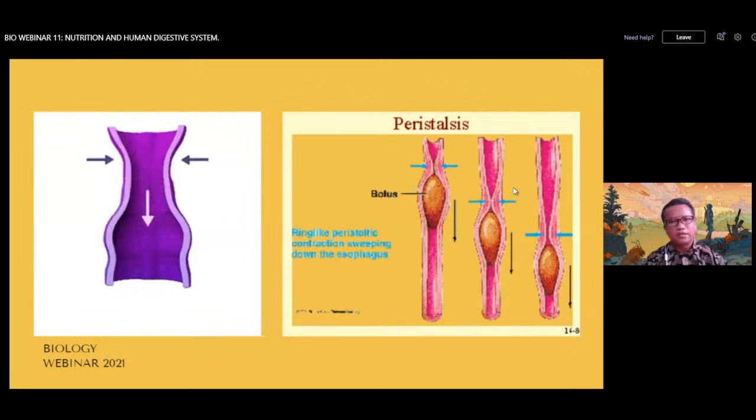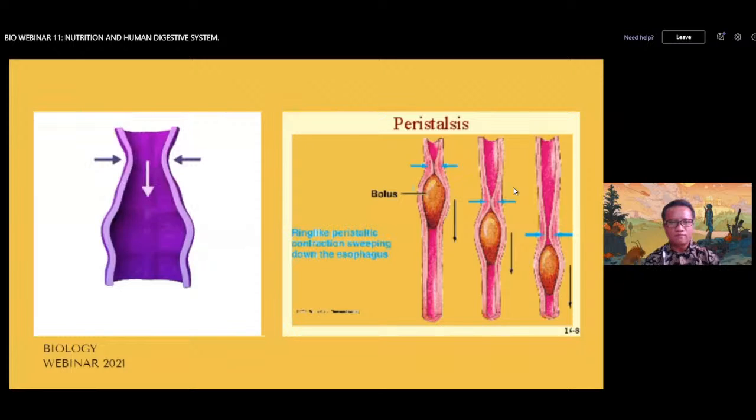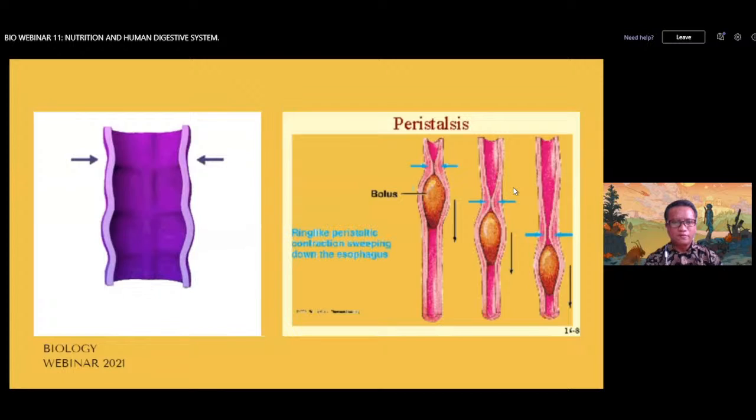As you can see in the diagram on the right side, the food is turned into bolus, a smaller particle from the original food, thanks to our teeth. From the bolus, it will be moved down to the esophagus with the process of peristalsis.